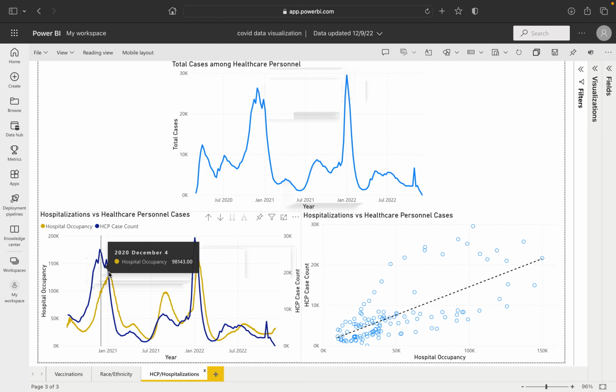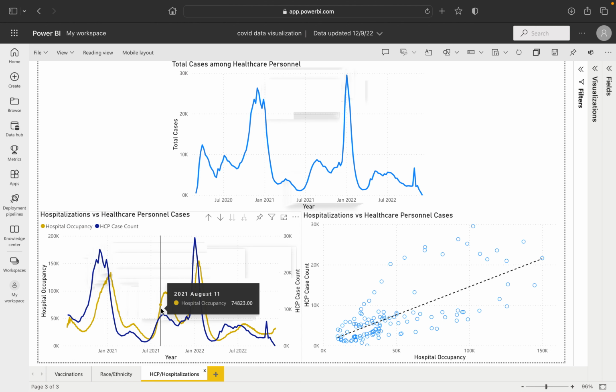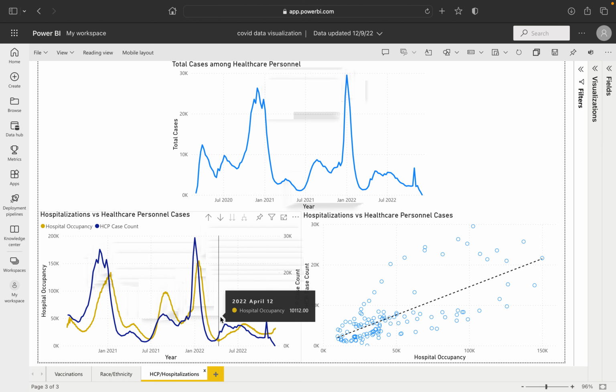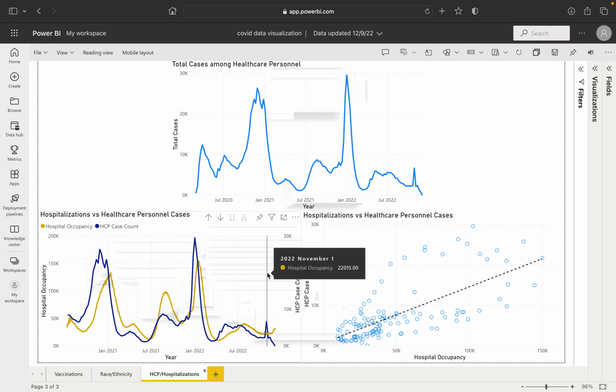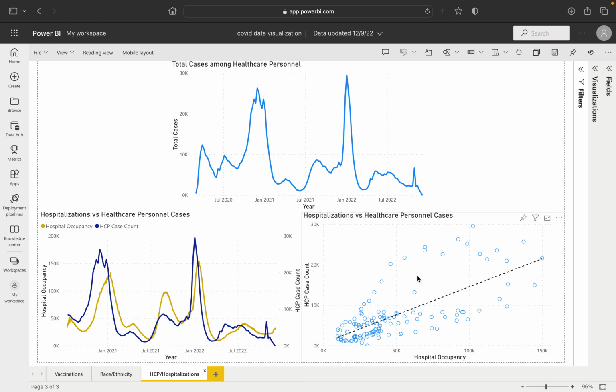And the same progression can be seen here in both hospital occupancy and case count, following a similar pattern of progression over the years. And this shows the scatter plot of the correlation between case counts and hospital occupancy.